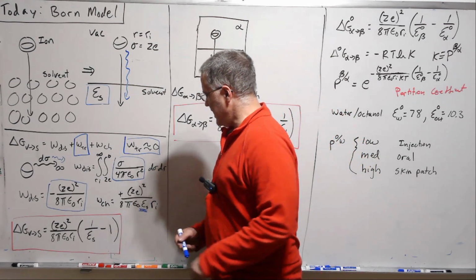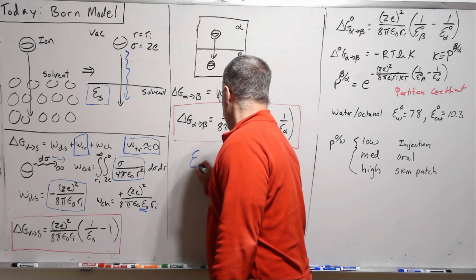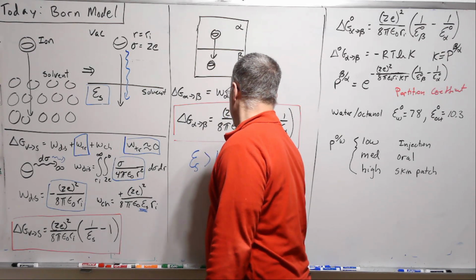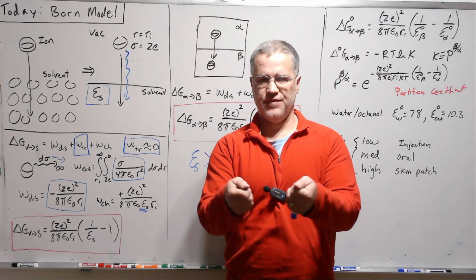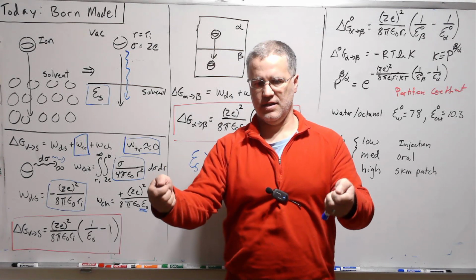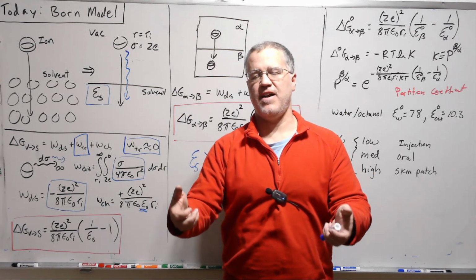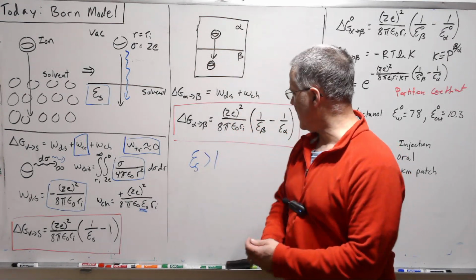So let's look at this. So dielectric constant is always going to be greater than 1 because the vacuum is where you're going to feel the most. Any solvent will reduce compared to the vacuum. Now if it's air, air is almost like the vacuum.